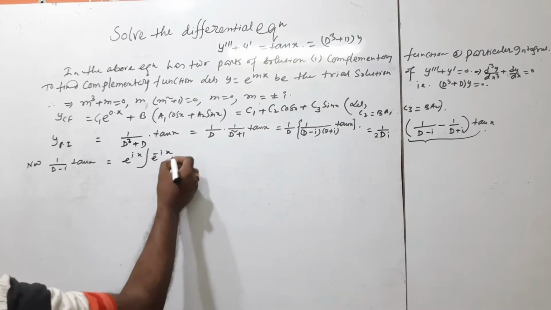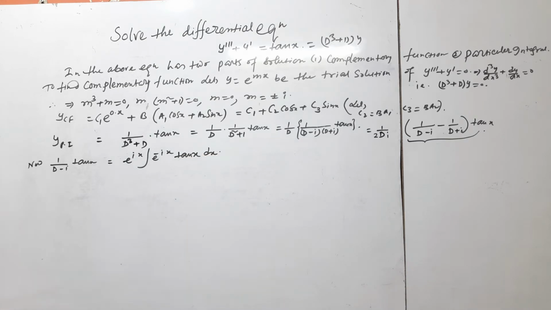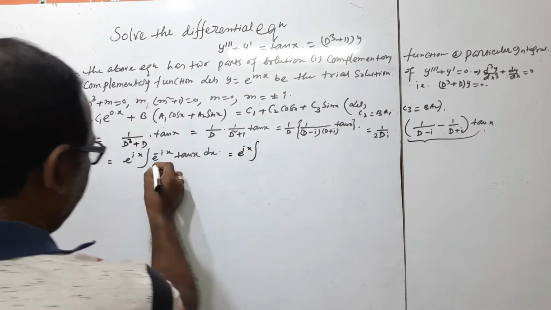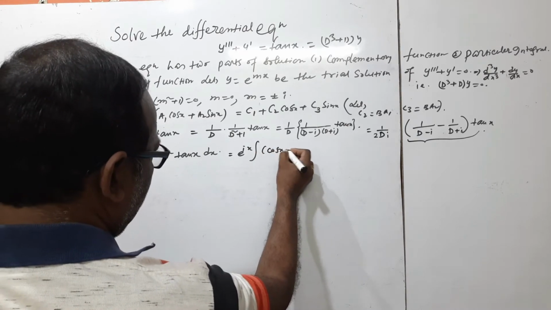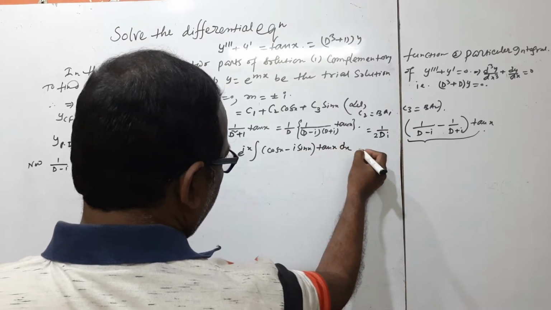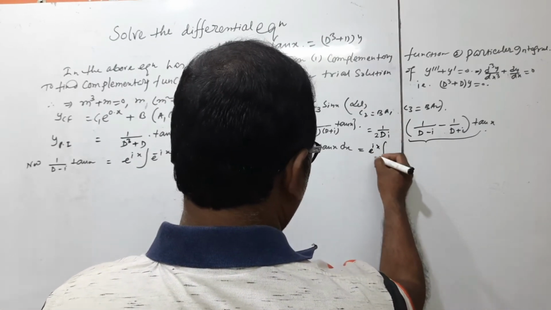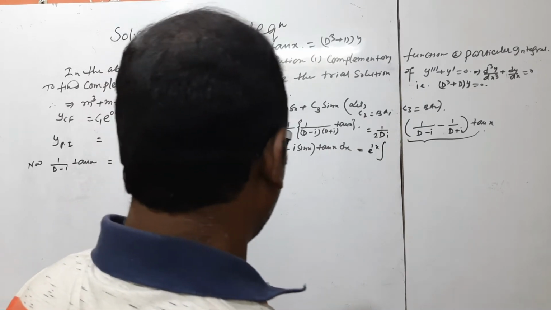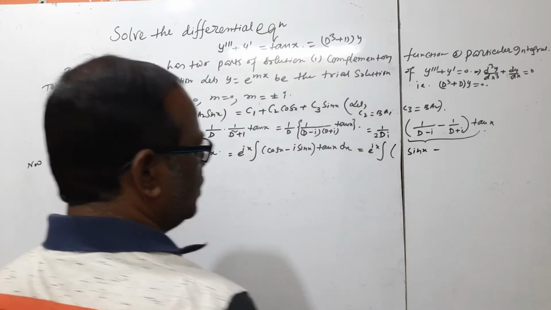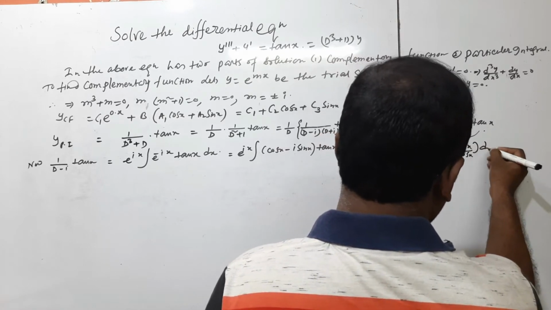In case of e^(−ix), it can be written as (cos x − i sin x) tan x dx. Multiplying by tan x, the cos cancels out, so it is ∫ (sin x − i sin^2 x / cos x) dx.